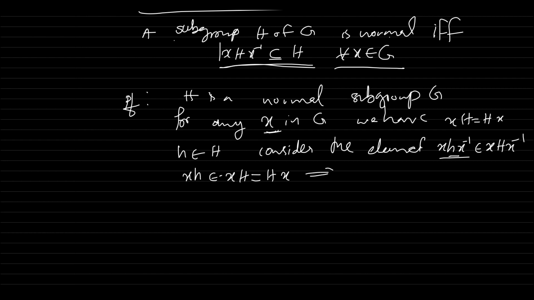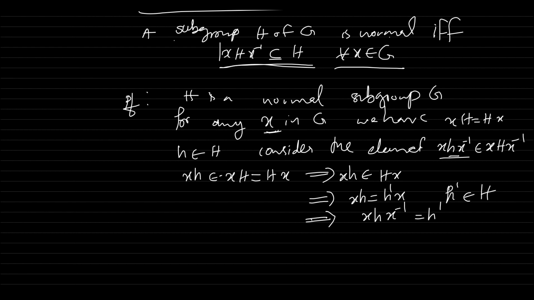So this implies that xh belongs to Hx, and this implies that xh is in the form h dash x for some h dash in H. Now operate with x inverse from the right side, then we will get xhx inverse is equal to h dash, and h dash is an element in H.